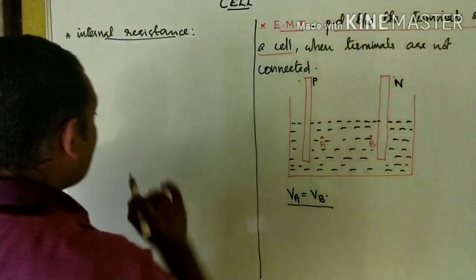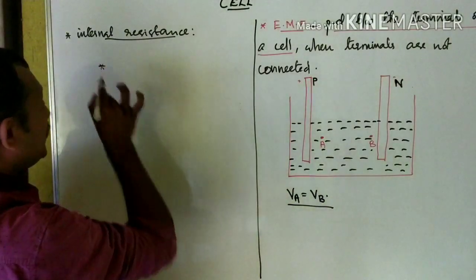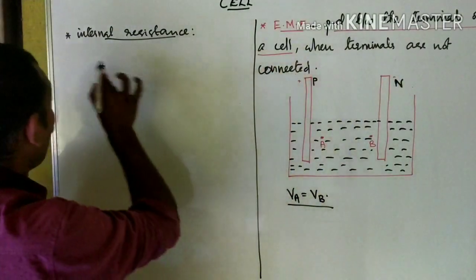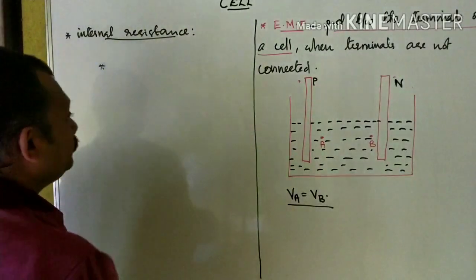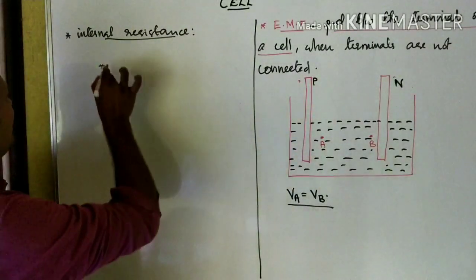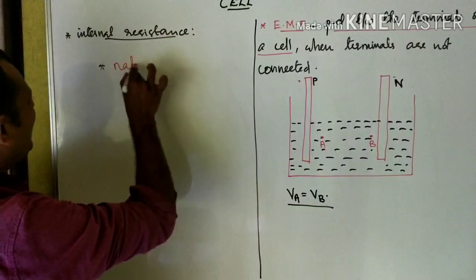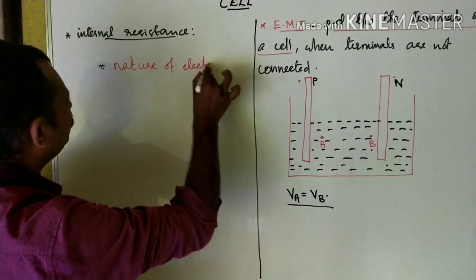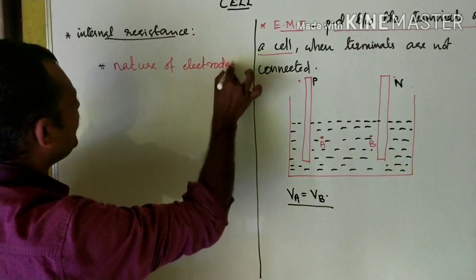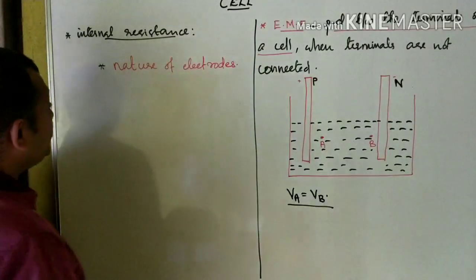What are the components a cell contains? A cell contains electrodes. So on what factors does the internal resistance of a cell depend? It's very important from the board exam point of view.